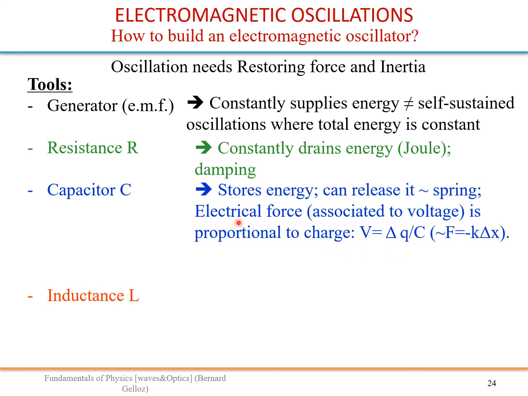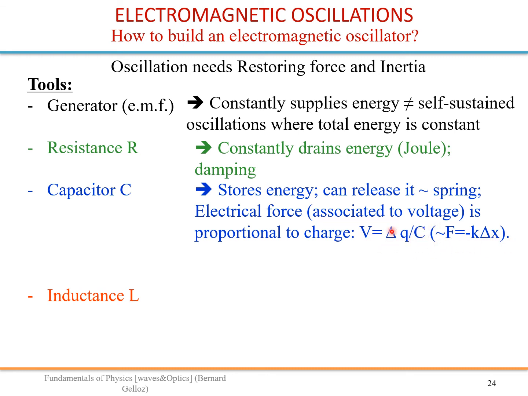So what is the equivalent of the force? For the spring you have F equal minus K delta X. For a capacitor, the voltage across a capacitor is represented as delta Q, where Q is the charge accumulated on each face, divided by the capacitance C. So this looks quite similar.